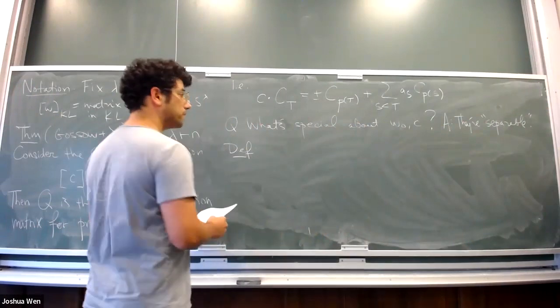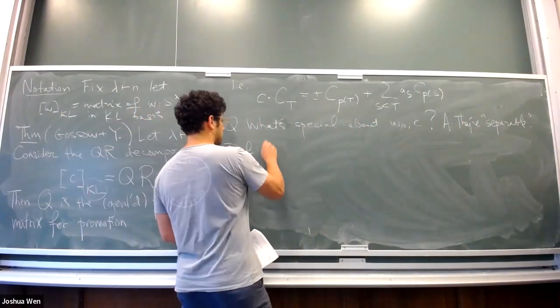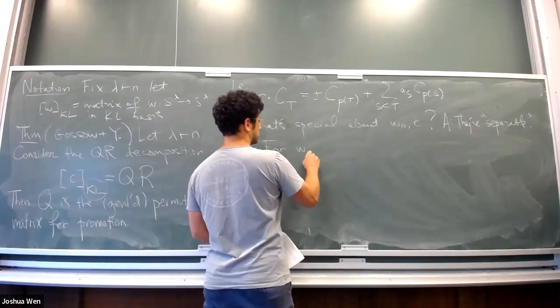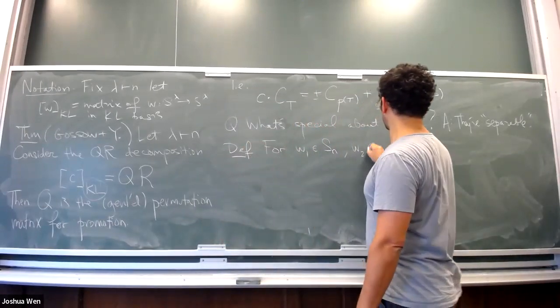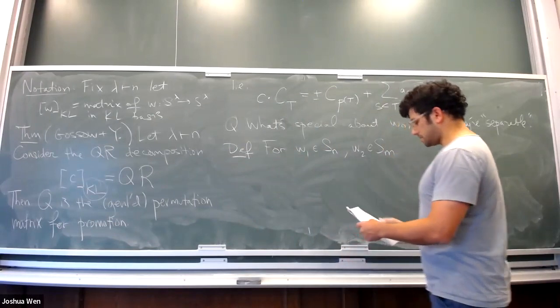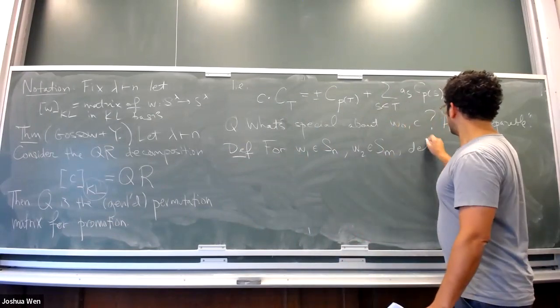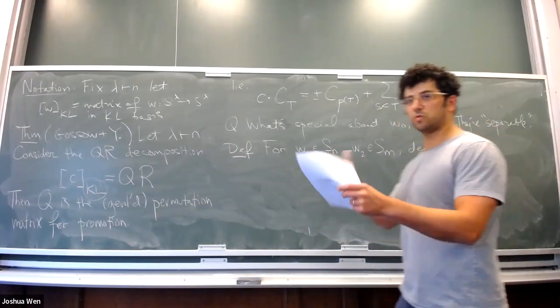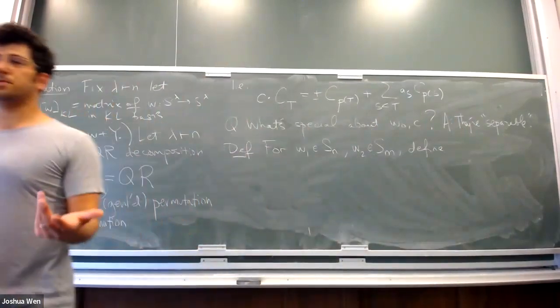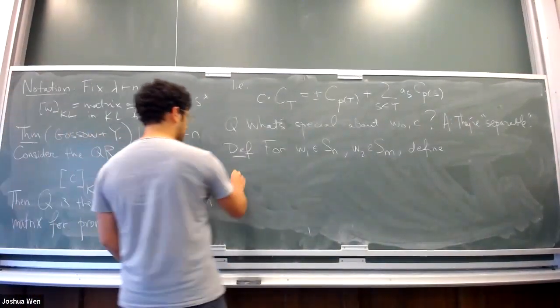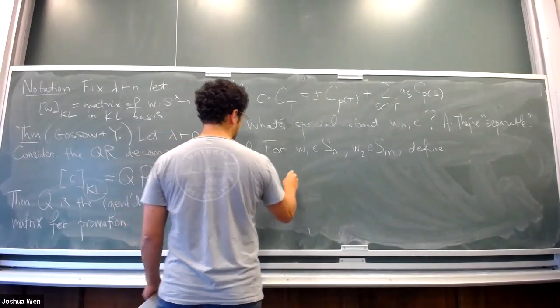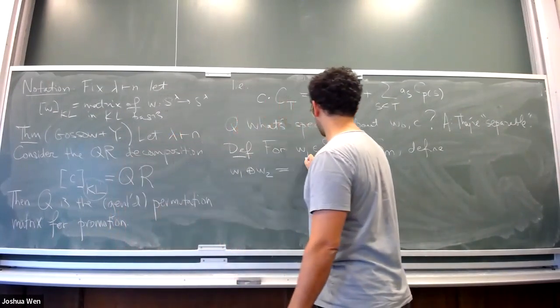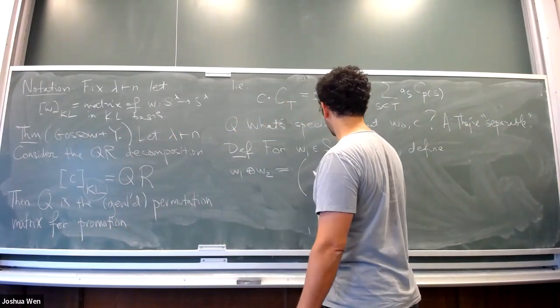Right. So what does separable mean? If I take two permutations, say W1 is a permutation in Sn, W2 is a permutation in Sn, I can combine these in two ways to get a permutation in Sn plus n. One is called the direct sum of these permutations, and the easiest way to describe this is just writing down a permutation matrix.